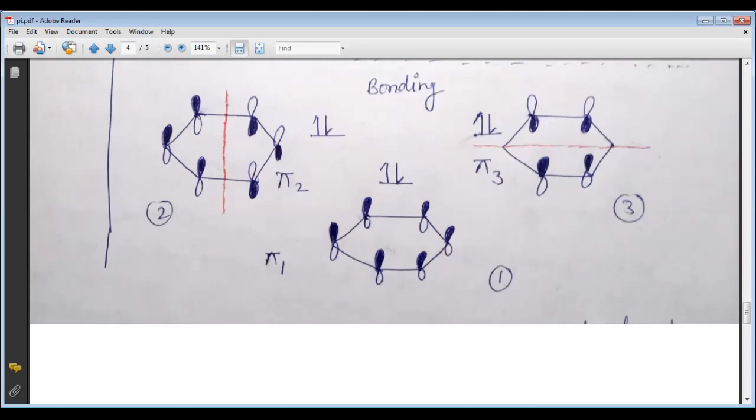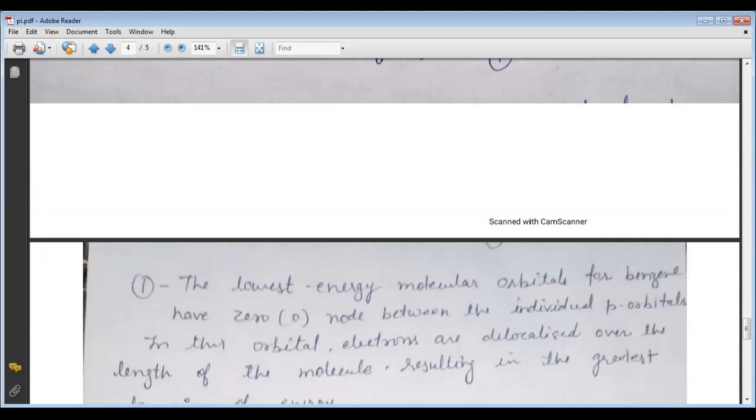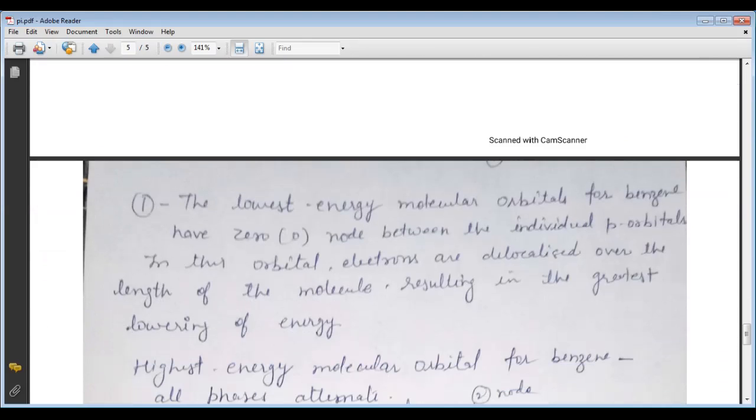So now we can see here that the first structure, as we see above in the first structure, the lowest energy molecular orbital for benzene has the zero node. Clear? The zero node है, इसका मतलब सबसे कम वहाँ पे molecular orbital होगा, कम energy वाला molecular orbital.